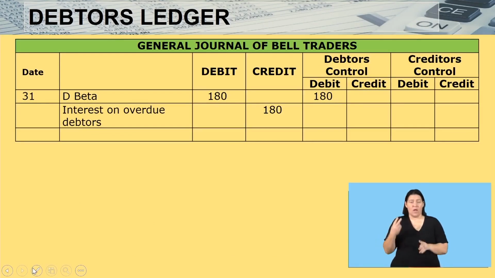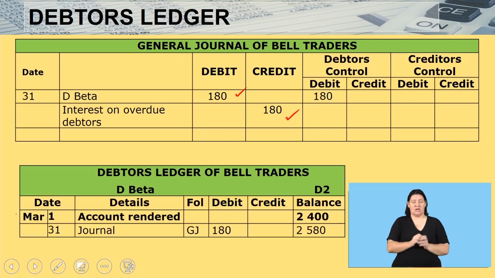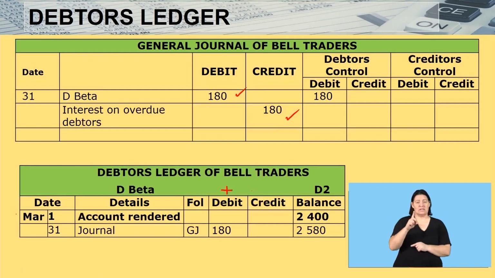We have already prepared our general journal, and we see D Better, and here is the interest. When we are posting to the debtors ledger, it is important that you remember that the debit side is a plus and the credit side is a minus. So D Better was already owing 2,400, and we have charged them interest of 180.